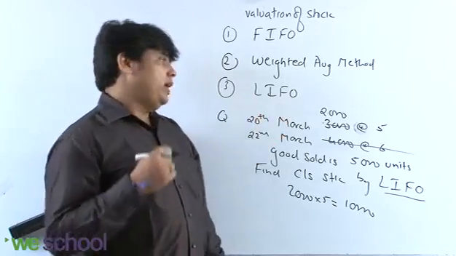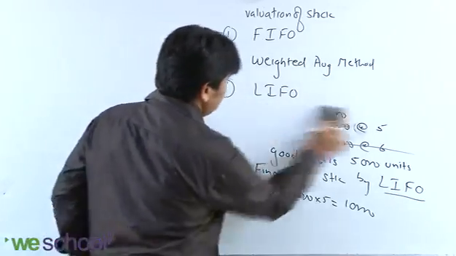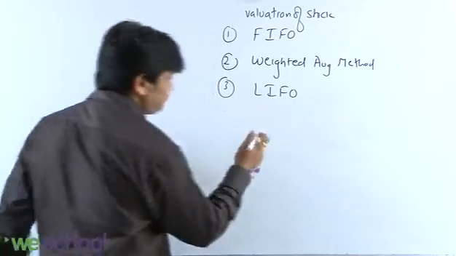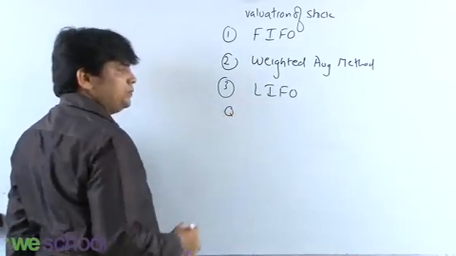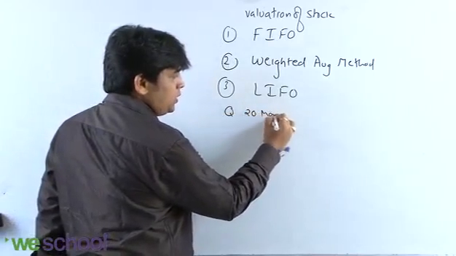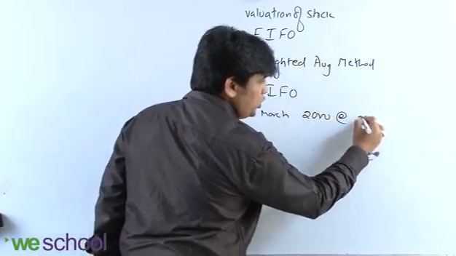And I'm requiring your help in this case. Let's move on to the next question of the same type. Question is, on 20th March, purchased 2,000 at the rate of 2 rupees.